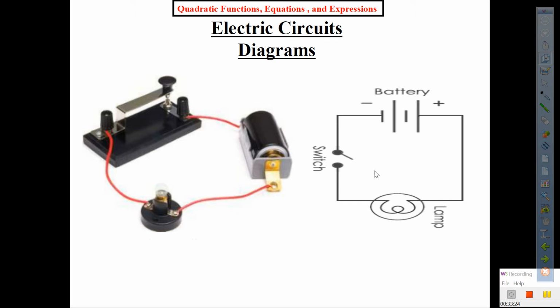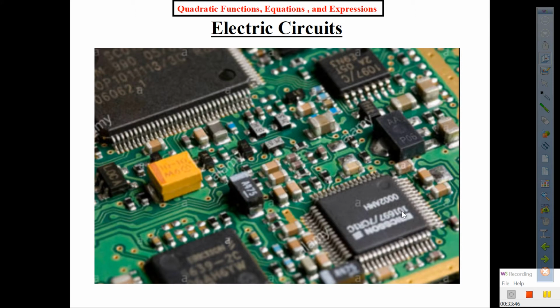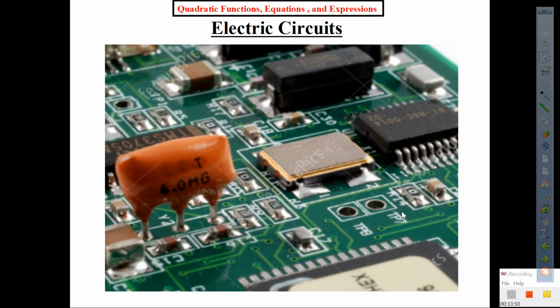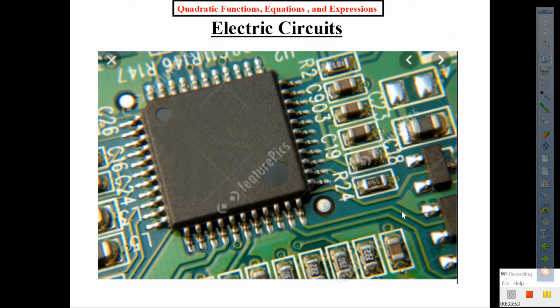Now let me show you more elaborate circuits. This, and this, and that. All that, guys, these are on TVs. These are on your cell phones. Believe it or not, back in what was the year that the man from the U.S. landed on the moon? 69 or 68? 69, right?